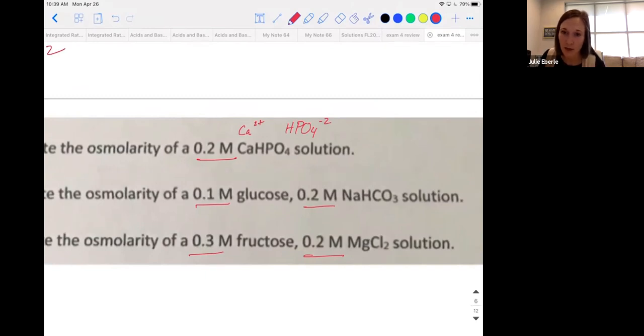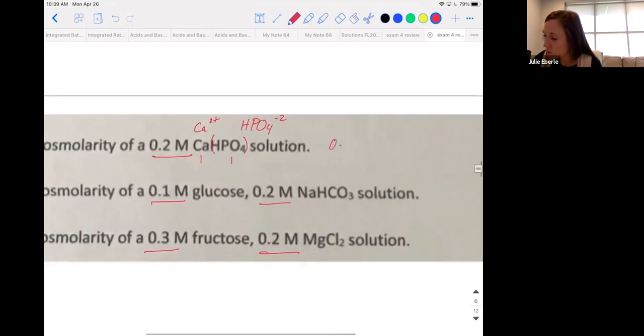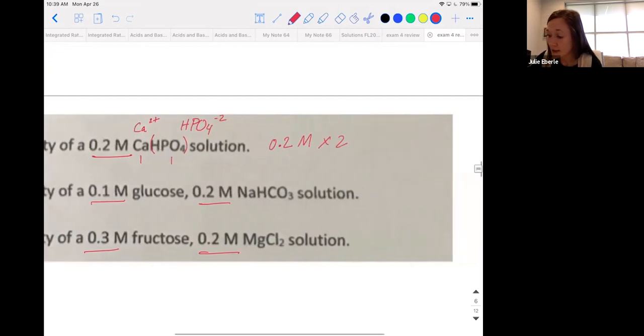You just look at your polyatomic ion chart. And knowing that this is a polyatomic, I just get one of these and one of those. So total, I get 2 particles. So I'm just going to say 0.2 molar times 2, because I get 2 particles each. I'm going to get a total osmolarity of 0.4 osmoles.